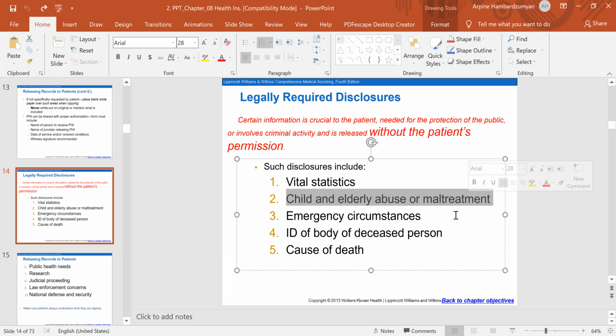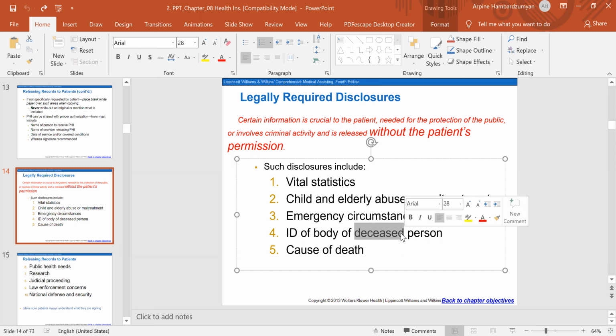You report it to the doctor. If you see that something is weird, you think that maybe the parent beats the kid, or caregivers are abusing the elderly adult, you report this either to your supervisor or to the doctor. And you have to report this if it is emergency circumstances, if it is a body of a deceased person.